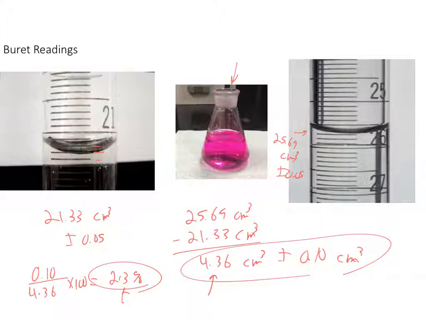Now, if your readings of this burette are maybe 21.32 or 21.34, that's okay. Maybe you thought this was 25.68. I don't think you could argue for 25.70 though, because you can see some space between the line for 0.70. But maybe 25.68, that's okay. Your numbers will be slightly different, but as long as they're reasonable, that's acceptable.